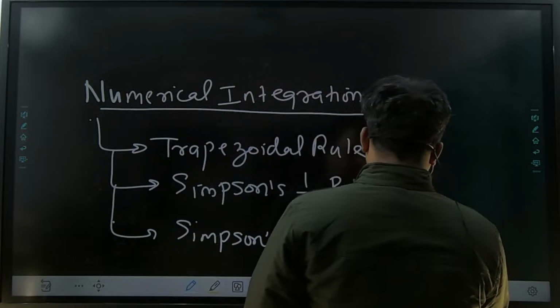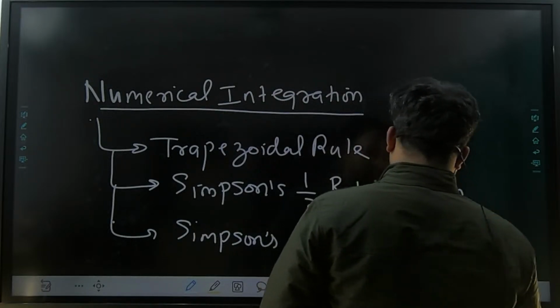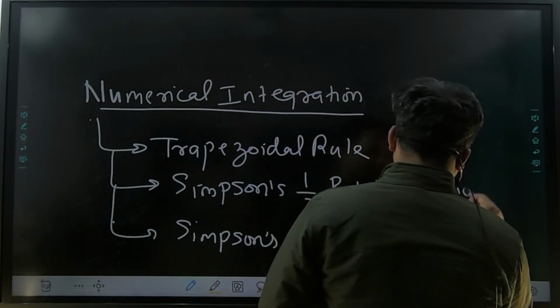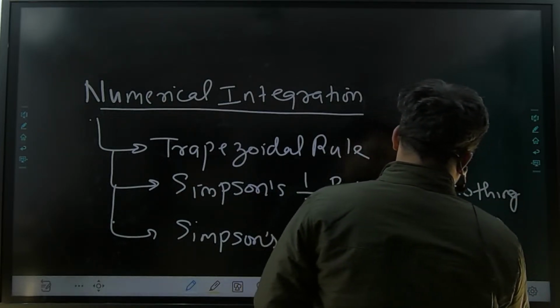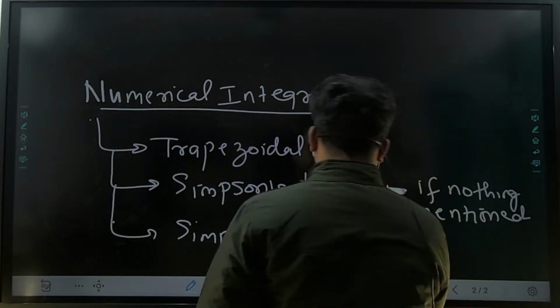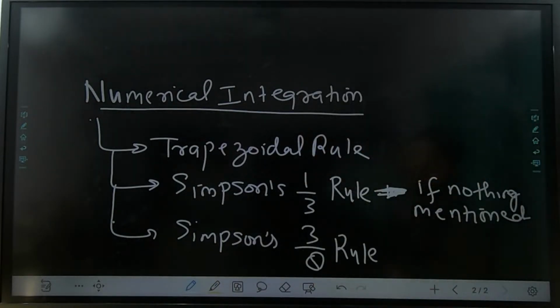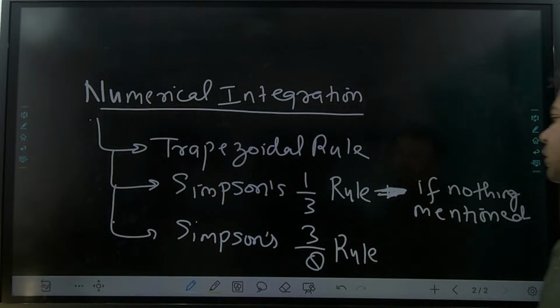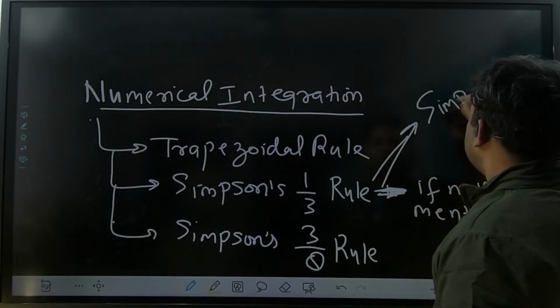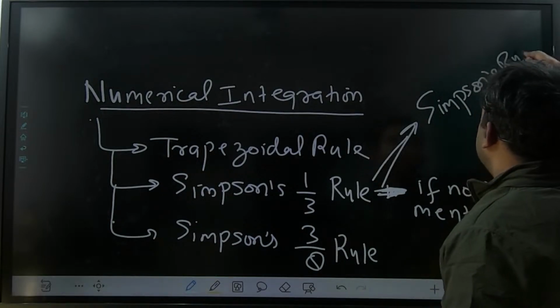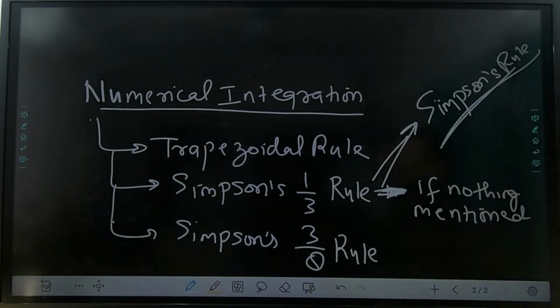If a plain Simpson's rule is there, it means the 1/3 rule it is conveying to you. Otherwise, many times they write 1/3 or 3/8.